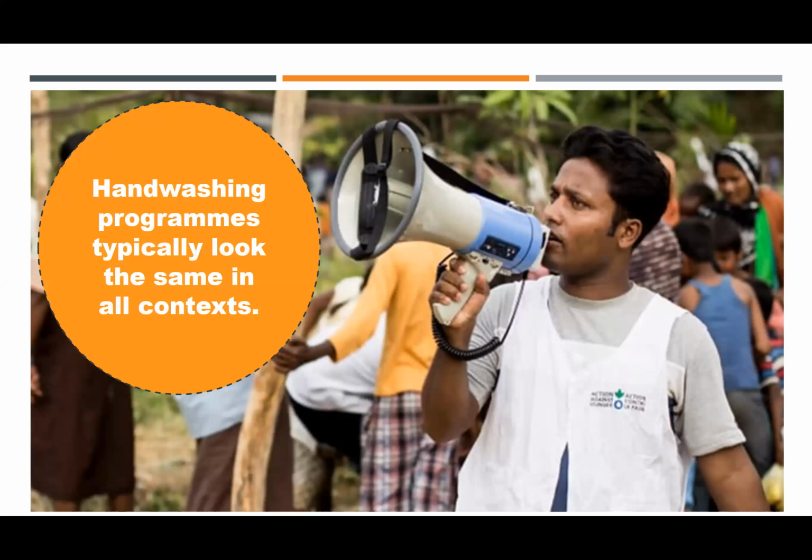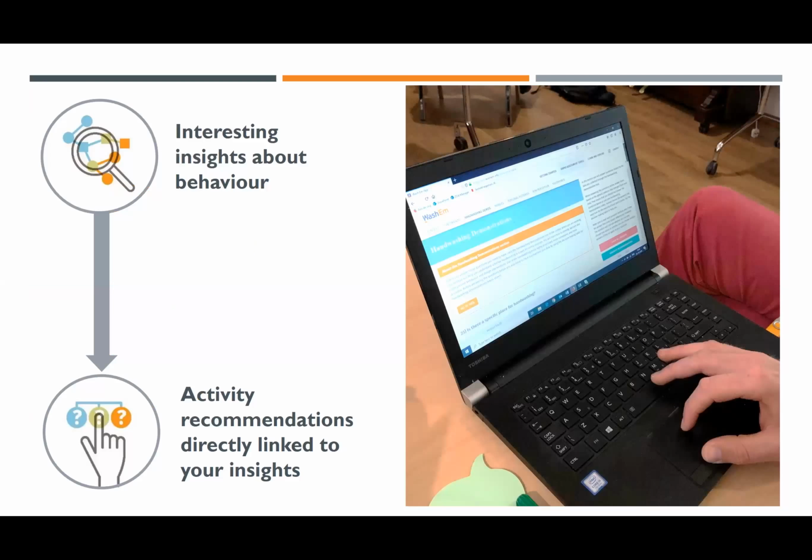And because we struggle with that so often, what we tend to see is that hand washing programs in Bangladesh, for example, tend to look very similar to hand washing programs in Nigeria or Iraq, despite, of course, these contexts being very different and behavior being very different in these settings as well. And so the WashEm program design software is really developed to bridge this gap.